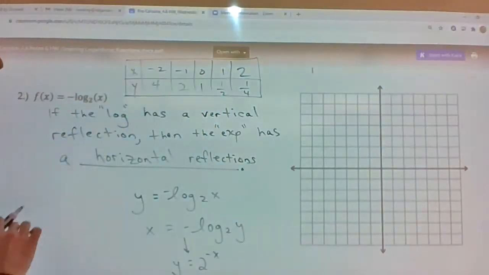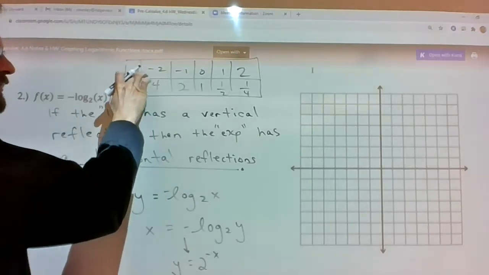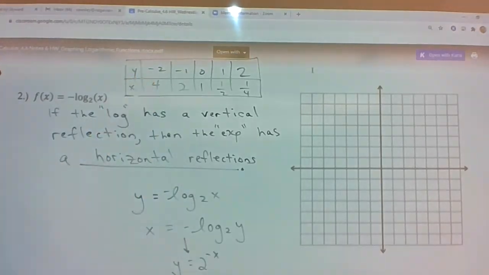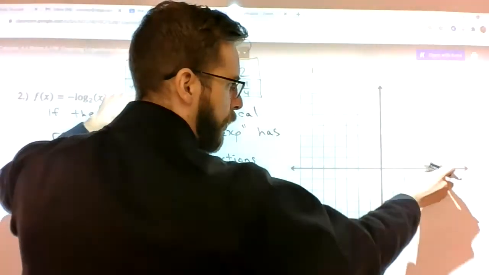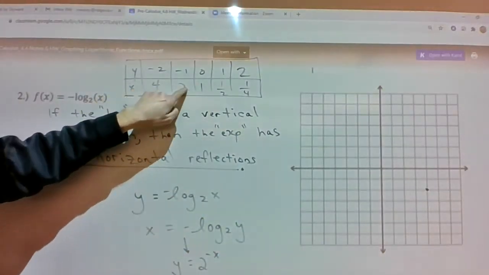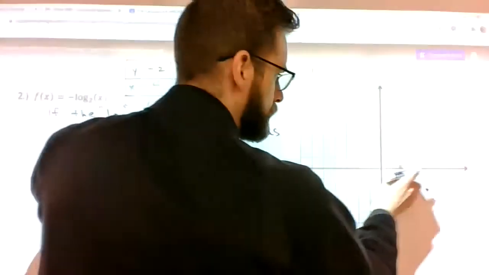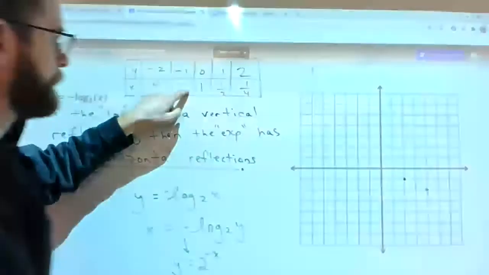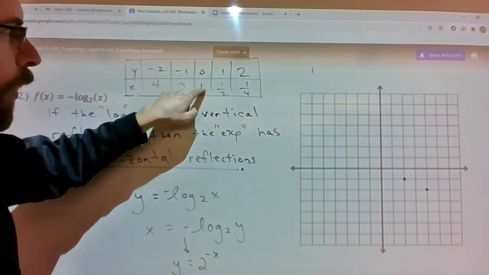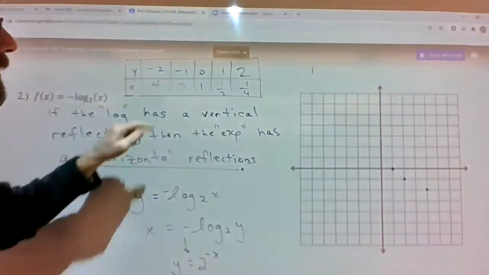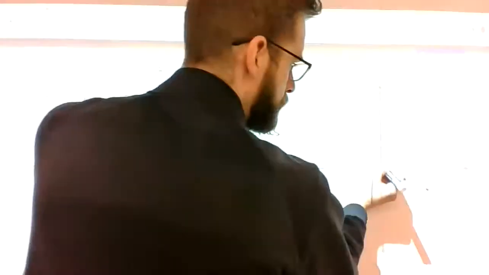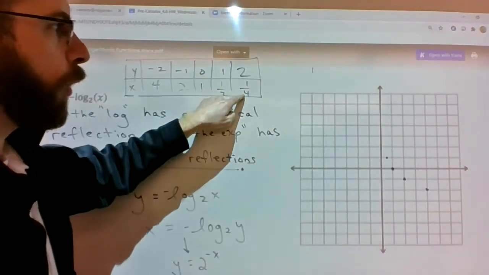Now, if it's a log, we're reversing the x and the y coordinates. So what I'm doing is I'm plugging in 1, 2, 3, 4, negative 2, 2, negative 1, 1, 0, 1/2, 1, and 1/4, 2.